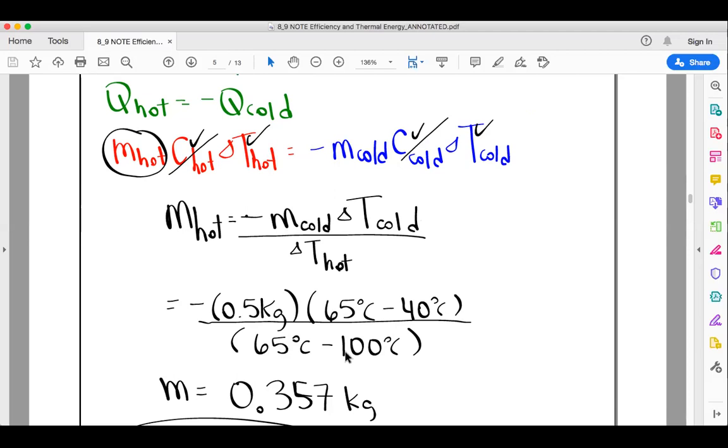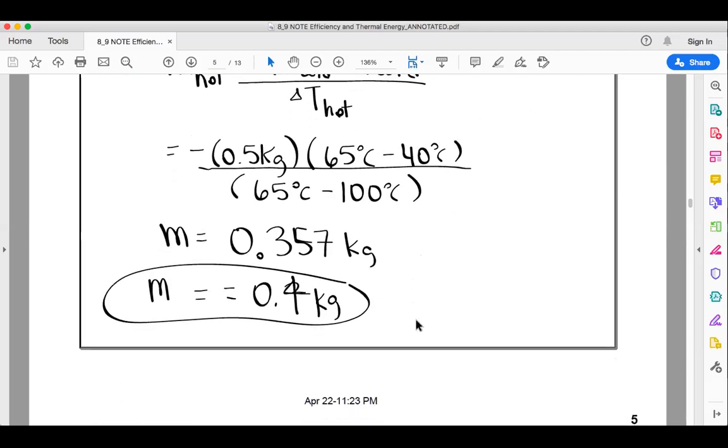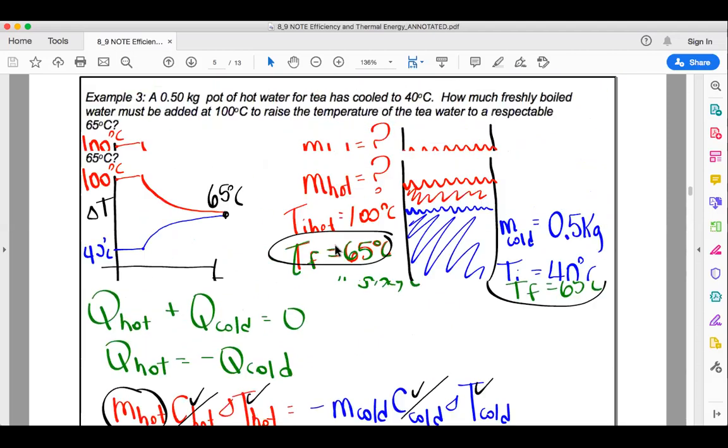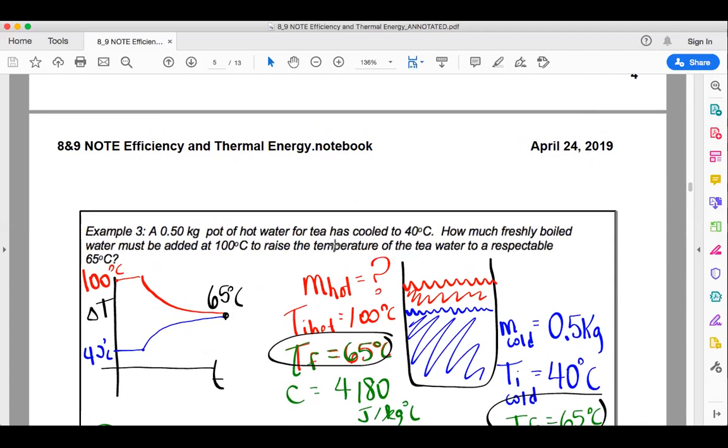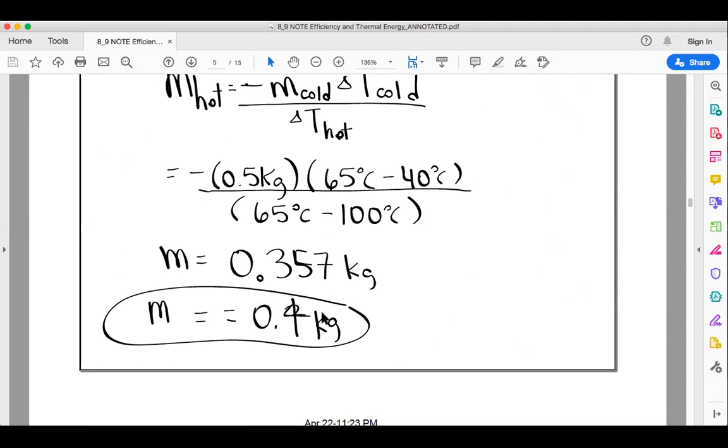We substitute in our values that were given, and we get 0.357 kilograms. Because there was only one significant figure in 2 of the temperatures, we only round to one significant figure. So the correct answer is 0.4 kilograms.